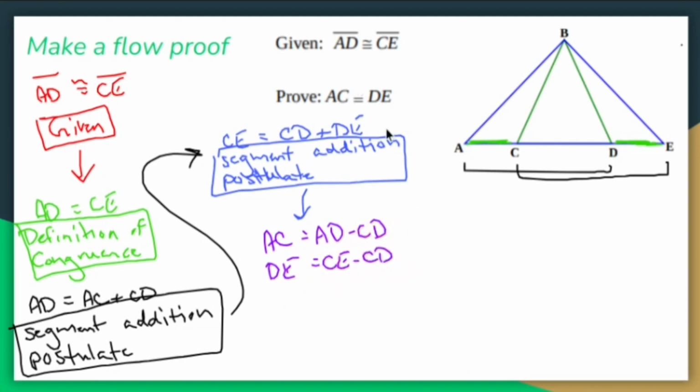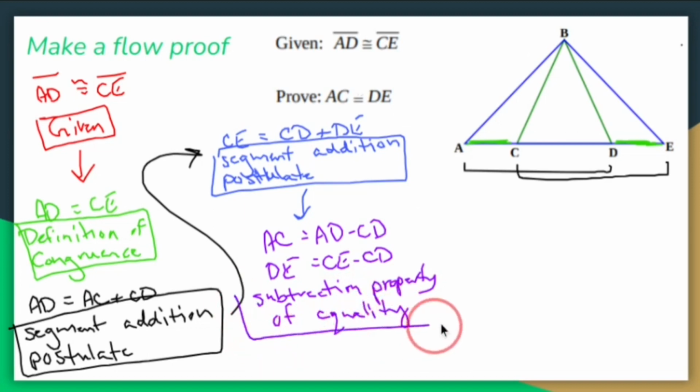And by the way, I did that because I subtracted stuff. So that is the subtraction property of equality. Let's put it in a box and draw an arrow up to here. Flowing once again, like a rapper.